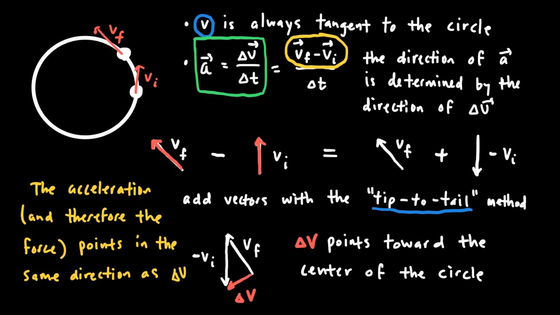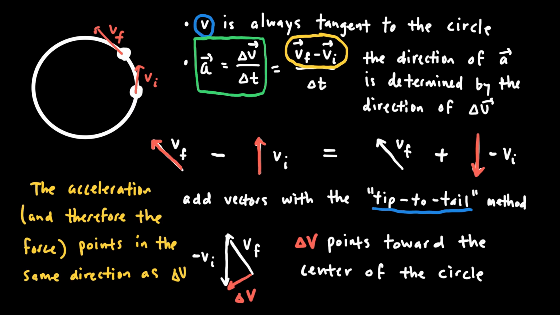And the way that I do that is just a little nuance, is to say that instead of doing vf minus vi, I'm going to do vf plus minus vi. And so if you notice, all I've done with vi is I've turned the vector upside down, and by flipping the vector like that, it now represents the negative of that initial velocity vector. But now it means that I can add those two vectors together to get the direction of delta v.